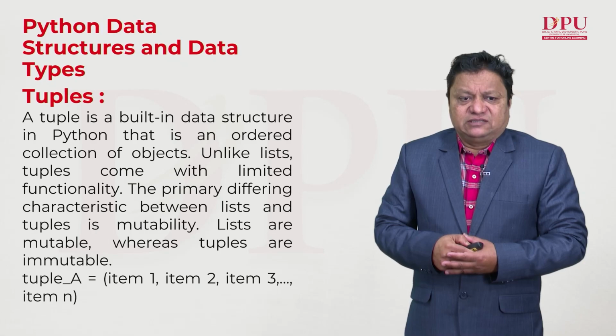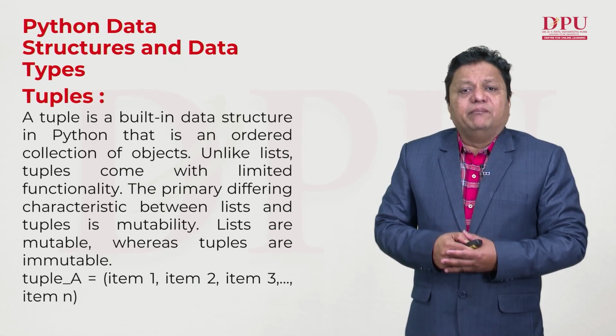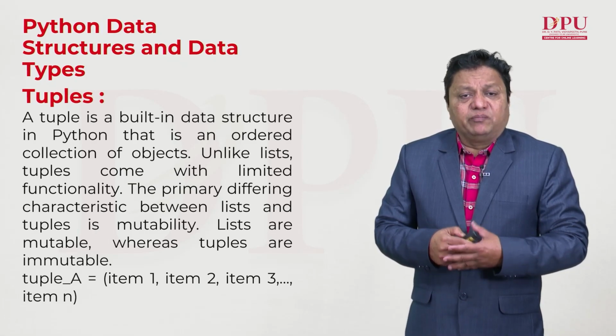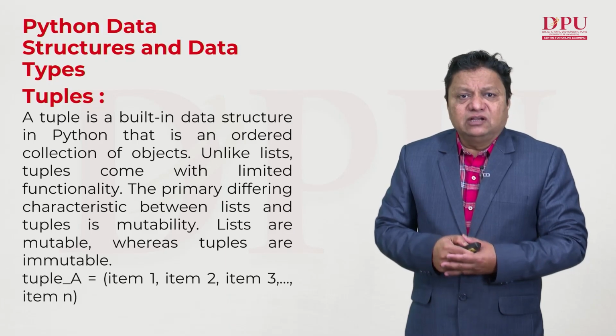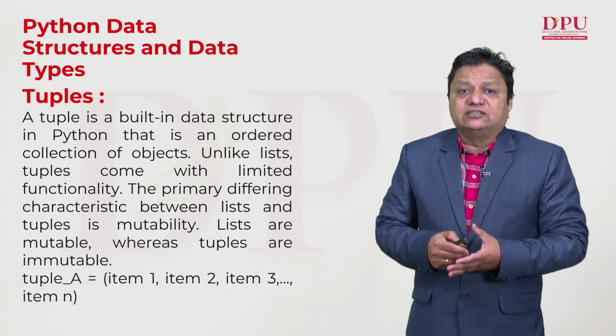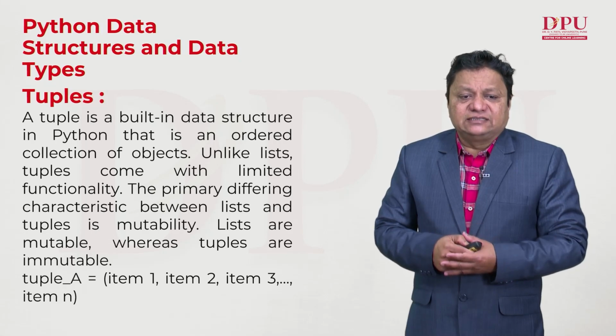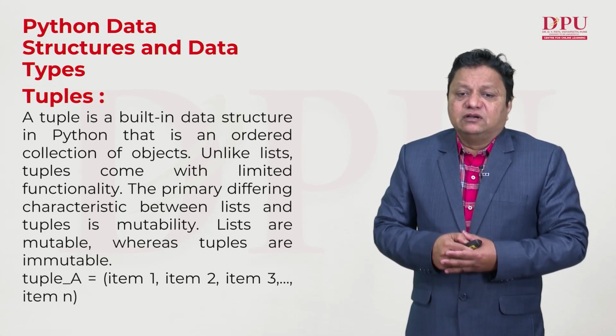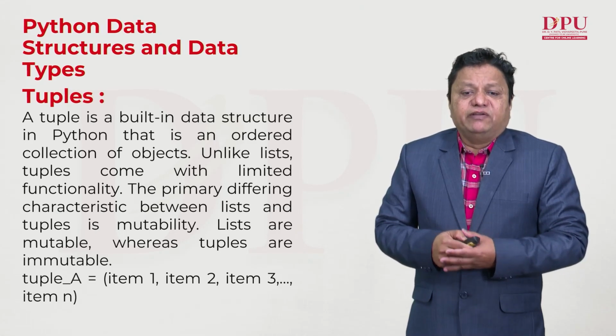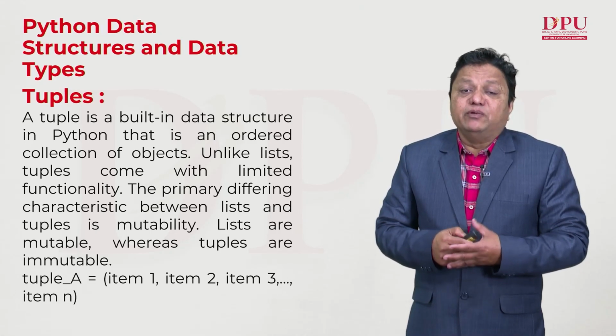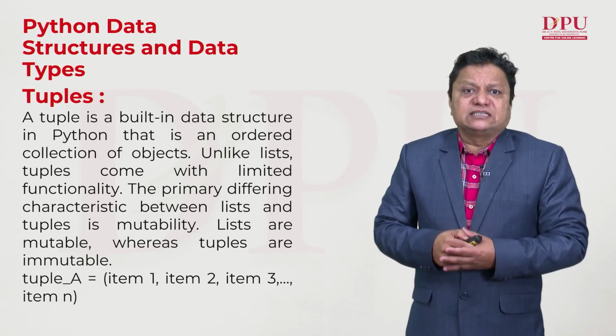Next is tuples. A tuple is a built-in data structure or data type in Python, that is an ordered collection of objects like lists, but tuples come with limited functionality. The primary difference between list and tuple is mutability. Means what? Lists are mutable.